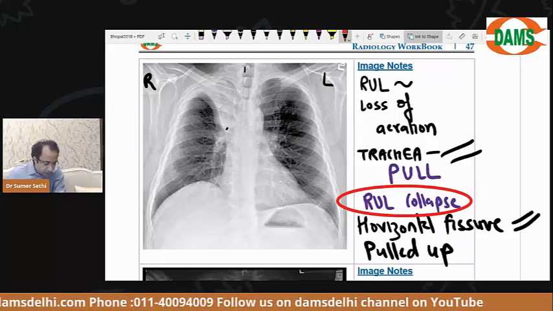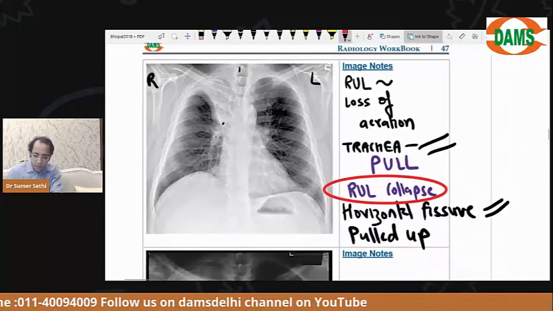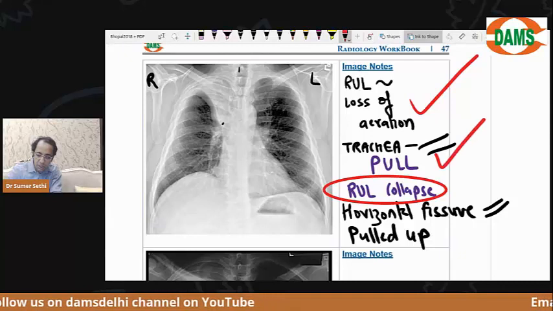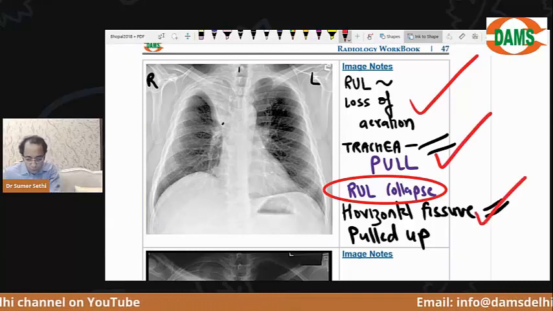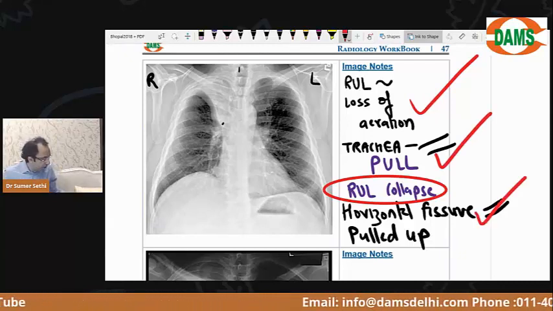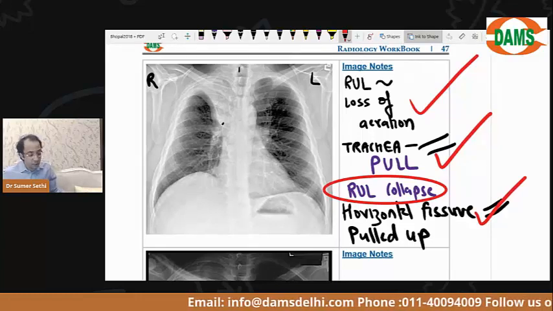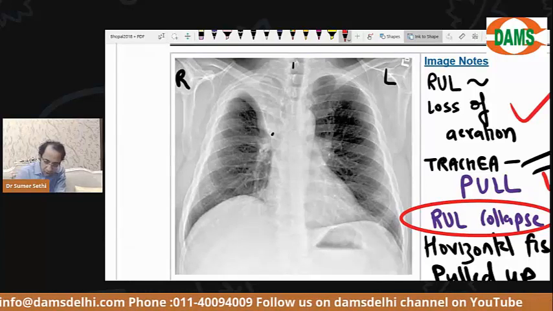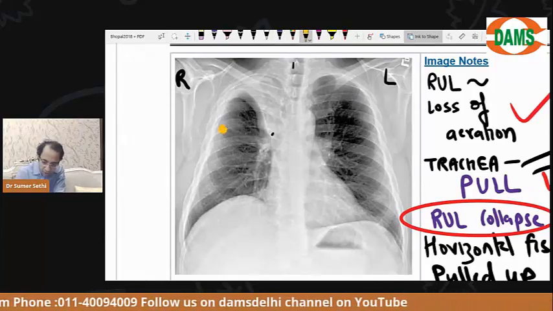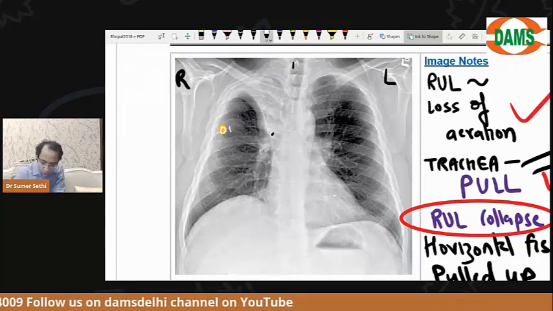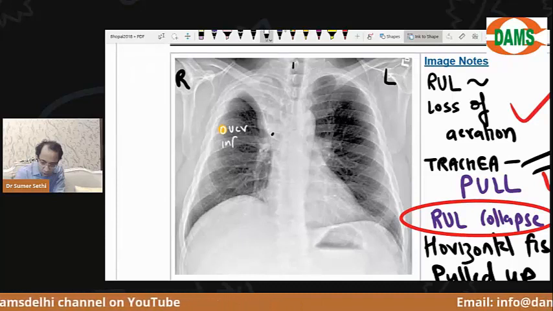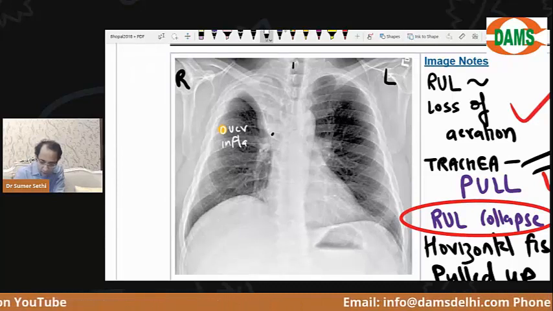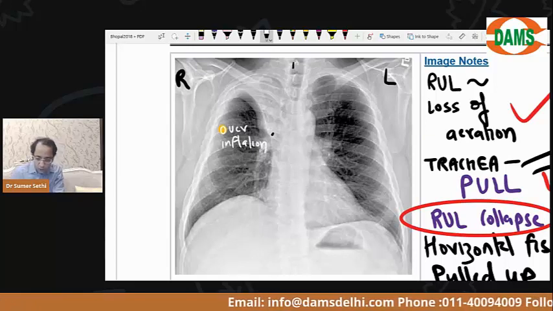The horizontal fissure is pulled up, there is loss of aeration, and the trachea is pulled. So we have two evidences of volume loss and one evidence of loss of air. There is opacity. So what about the rest of the lung? The rest of the lung appears to show compensatory overinflation.